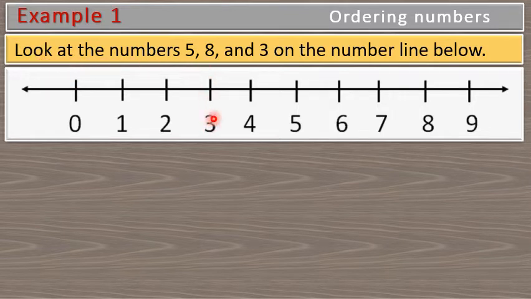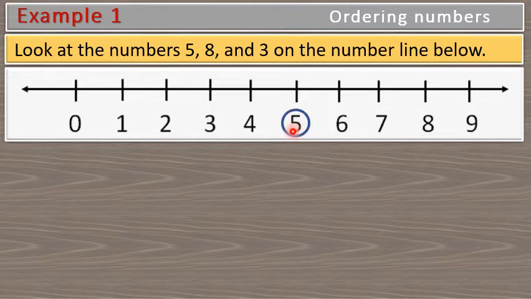Now let us find these numbers 5, 8 and 3 on the number line, and let us mark those numbers by drawing a circle around those. First let us find number 5. Number 5 is here on the number line, and let us draw a circle around it.